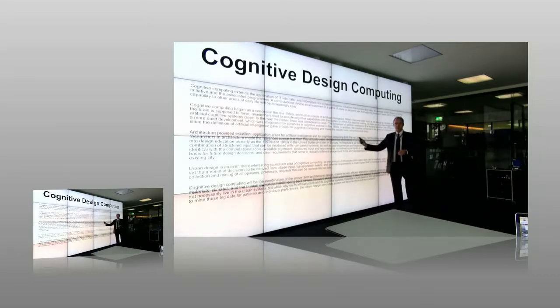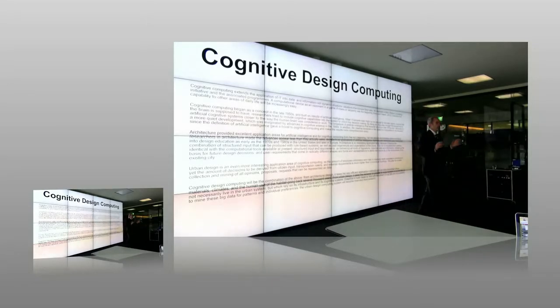Architecture, from the very beginning, provided a very good application area, because in architecture, you have all these different demands on the design process and on the final product, and no computer program at this time, in the 50s, 60s, 70s, or 80s, up to today, could really deal with this directly. So it's a hard problem to use cognitive computing in architecture, and we find a lot of applications in this area.